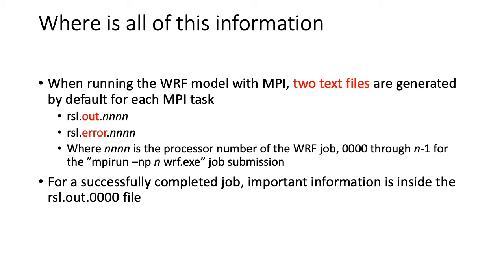The output and the error, for the most part, have the exact same information. Sometimes if there is a segmentation fault, only one of these will have additional information. So usually what I do is just look for the larger of the two when I'm debugging. But for timing performance, the rsl.out and rsl.error have essentially the same information, and there's a lot of good timing information and domain size information inside.